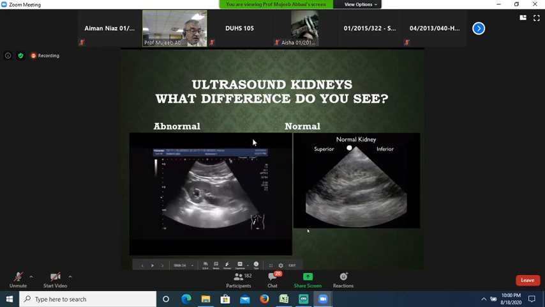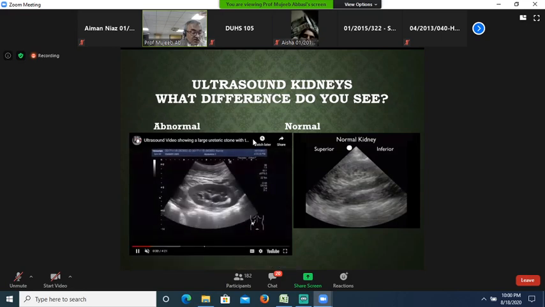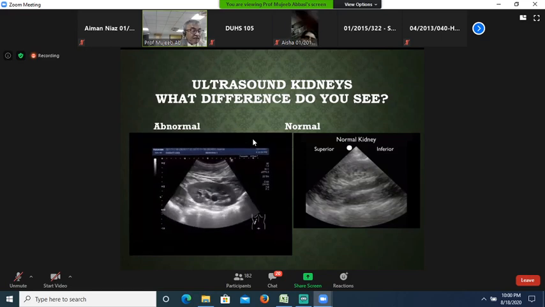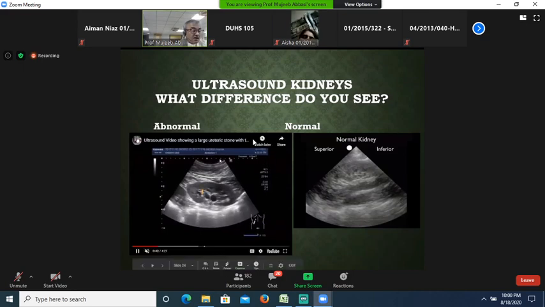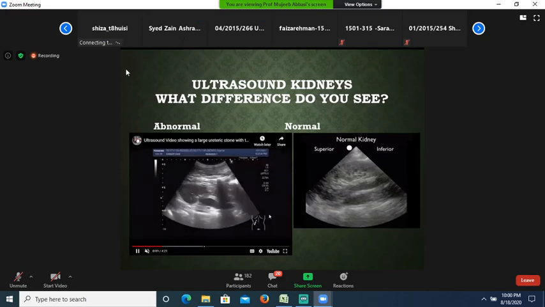And this one is showing you the probe on this picture, directed towards the right kidney. And there is another stone. Basically the probe is directed upwards towards the right rib cage, costal margin, but the picture is this way. Now he's looking at the left ureter, this long structure.